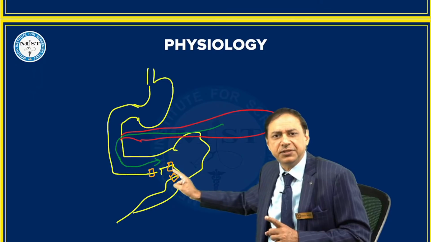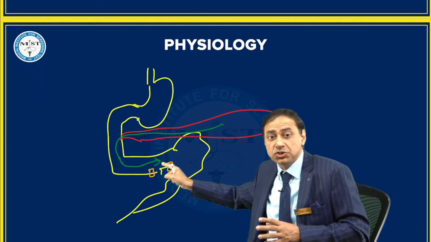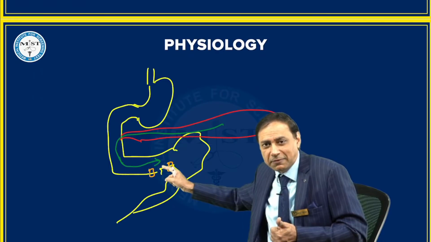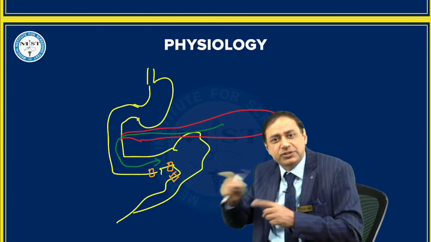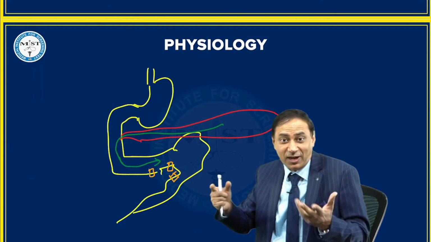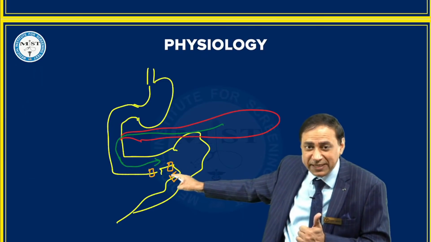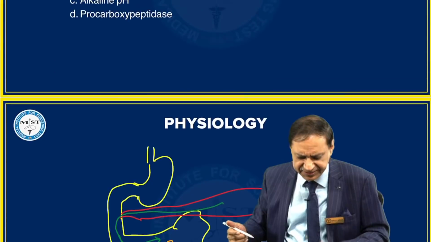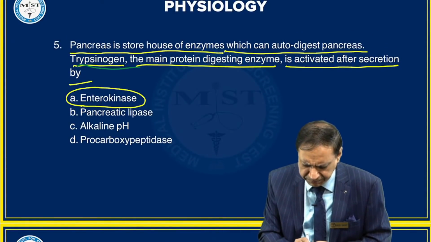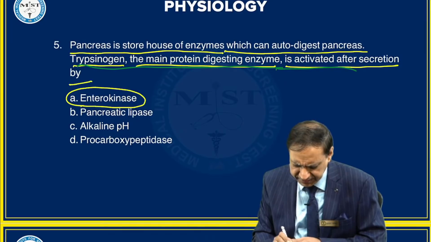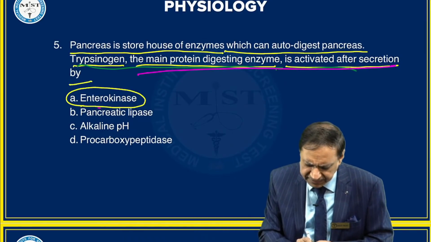So trypsinogen is activated by enterokinase. Once a small amount of trypsin is formed, then trypsin itself can convert trypsinogen into trypsin. But how will the small amount of trypsin be formed initially? By enterokinase. So trypsinogen, the main protein digesting enzyme, is activated by enterokinase.